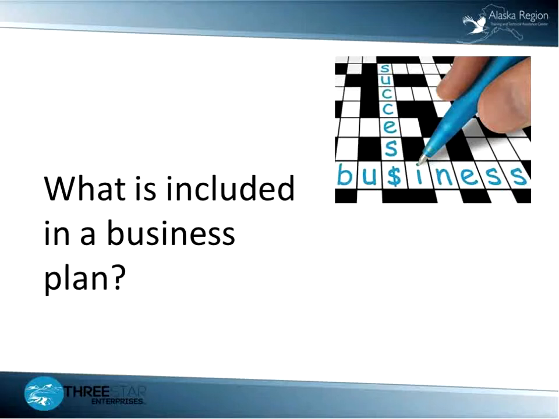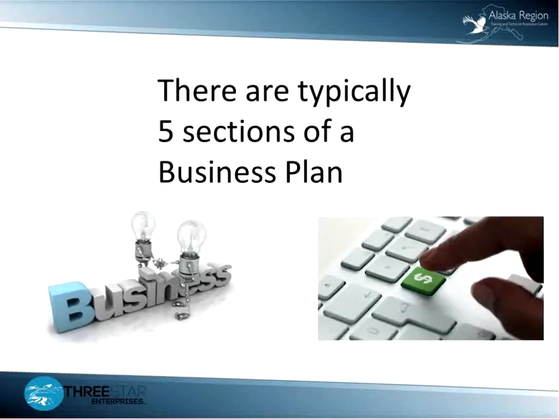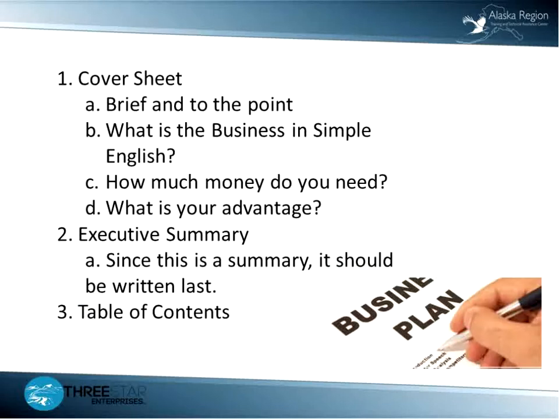So what should be included in your business plan? There's typically 5 sections of a business plan. Now each section is going to be made up of different components, but there's going to be 5 sections. You're going to have your cover sheet. Your cover sheet is going to be a brief and to-the-point explanation, putting your business in layman's terms.